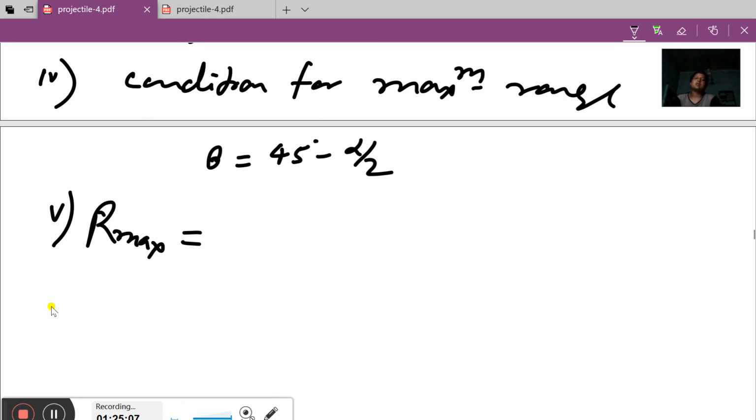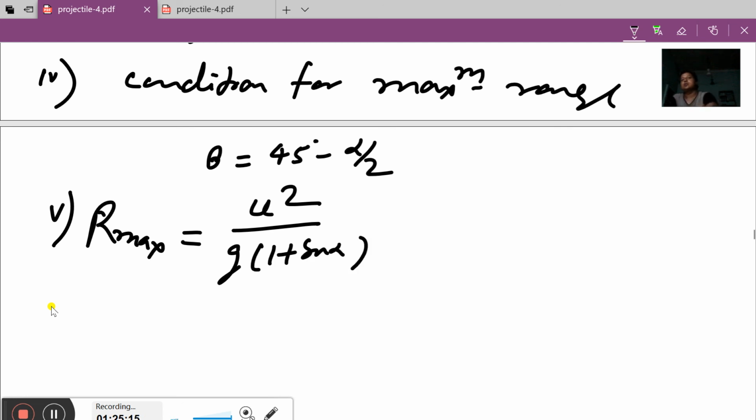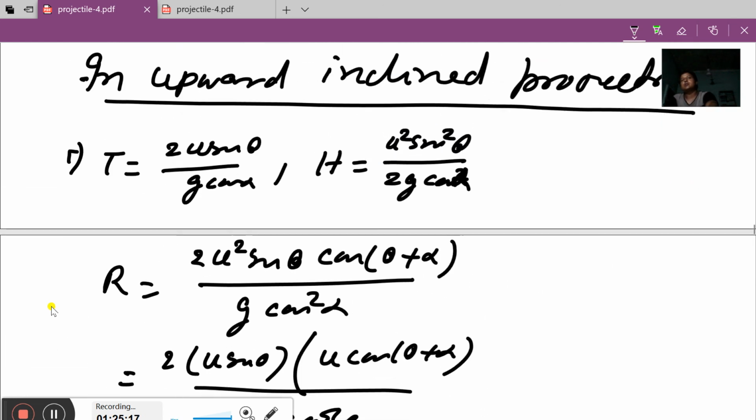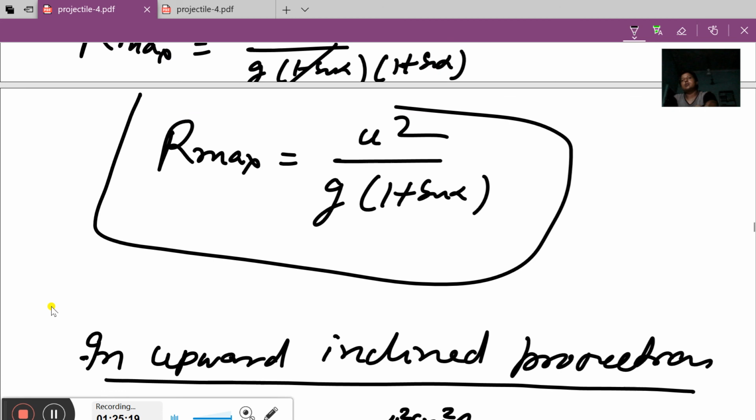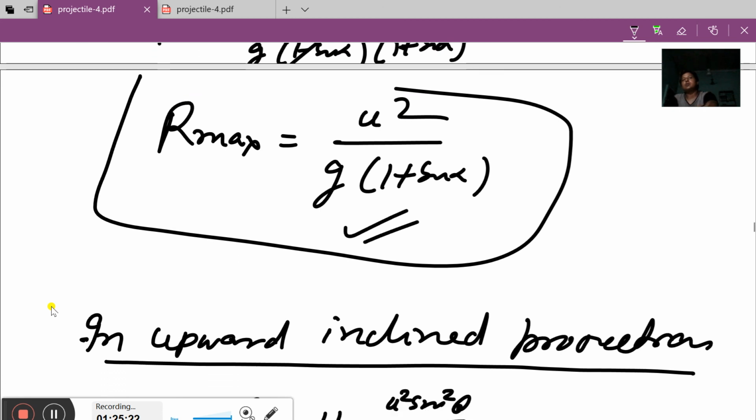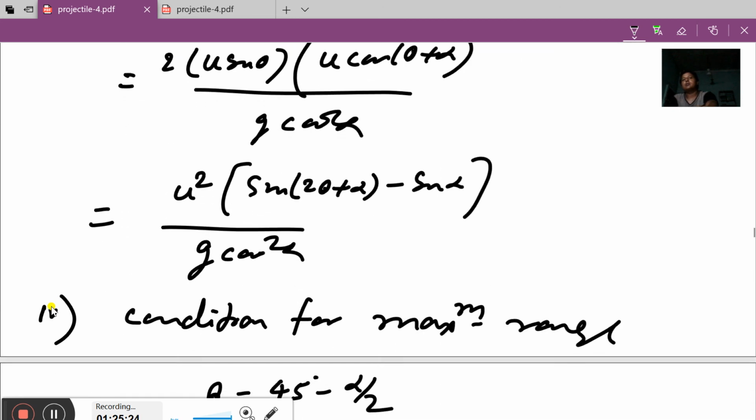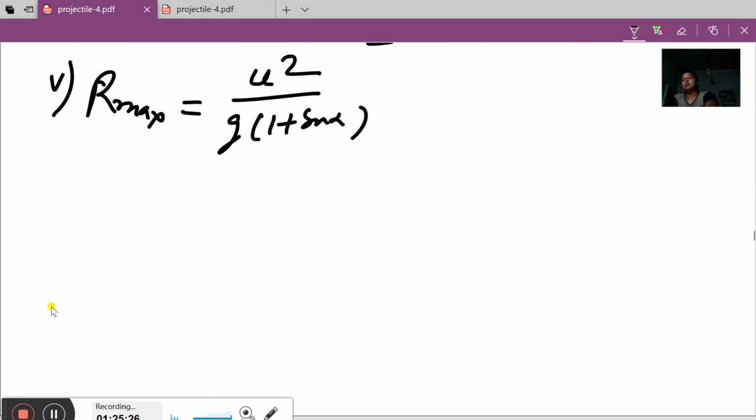Maximum range, R maxima, is u square over g into 1 plus sin alpha.